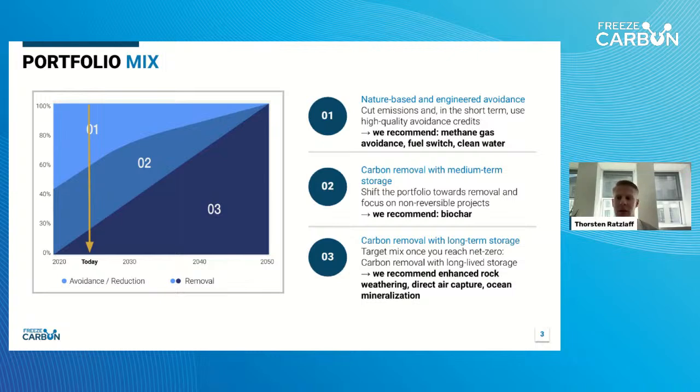So this is typically how we discuss it with our clients. And as time moves on, we, of course, progress more and more to the right-hand side. But the ideal portfolio would always be carbon removal. But this is quite tricky to do at the current state of the market.